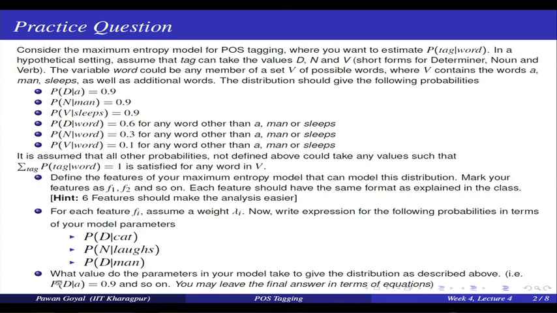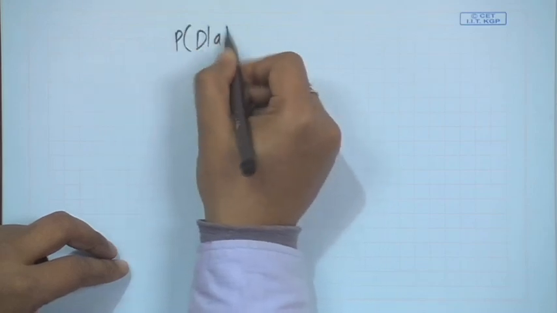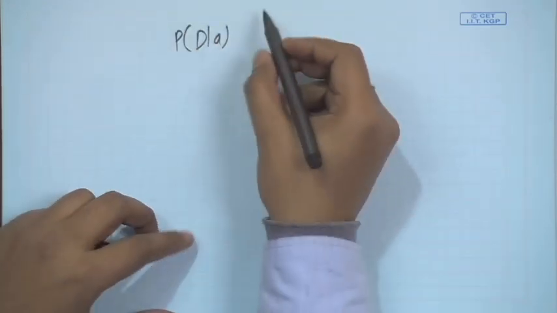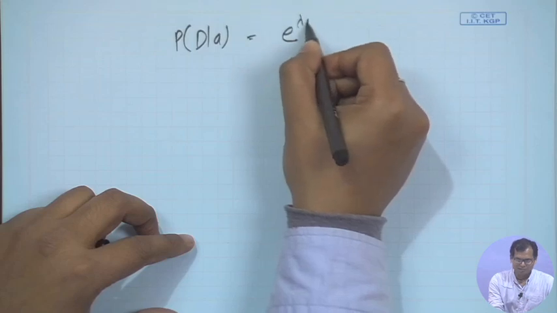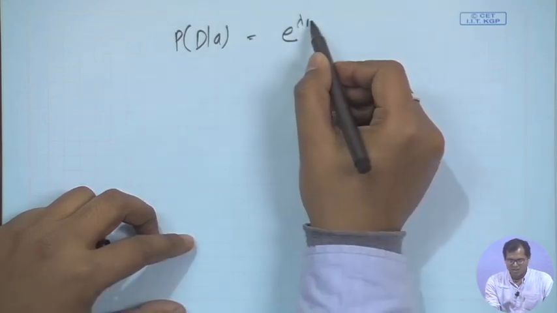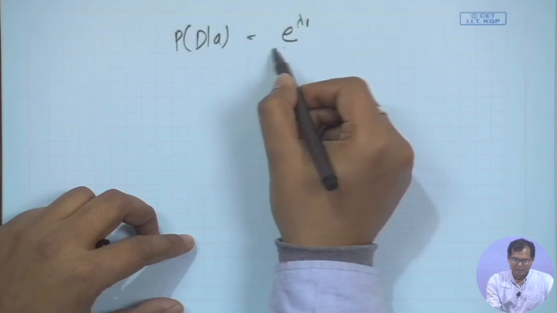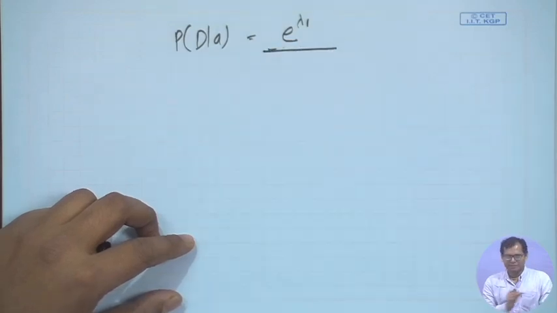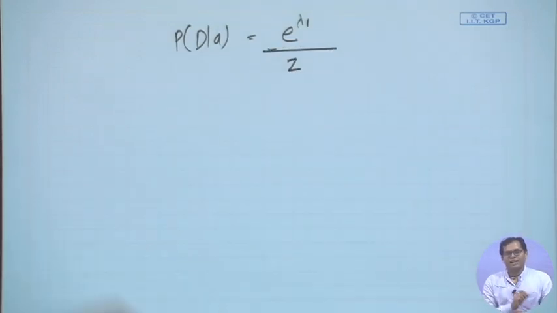So let me try to satisfy only the first constraint. What should be the constraint on my lambda such that the first constraint, probability d given a is 0.9, is satisfied? Okay, and the idea is very easy. Just like we found probability d given cat, you will now try to find probability d given a. That will be e to the power lambda 1, yes, because the first feature is 1 for this case, divided by z.